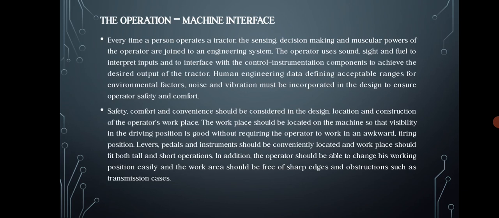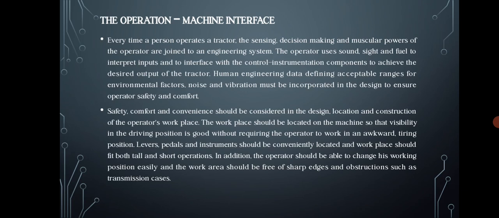Safety, comfort and convenience should be considered in the design, location and construction of the operator's workplace. The workplace should be located on the machine so that visibility in the driving position is good without requiring the operator to work in an awkward, tiring position.